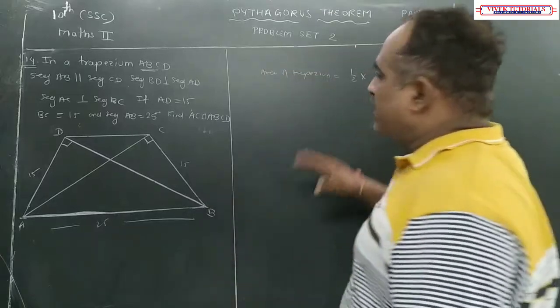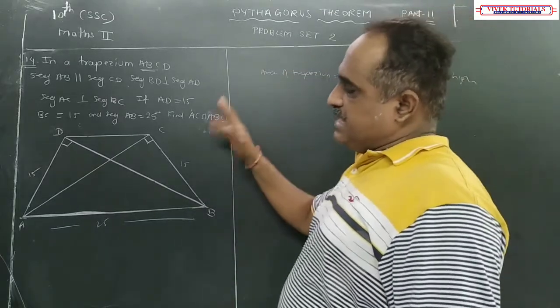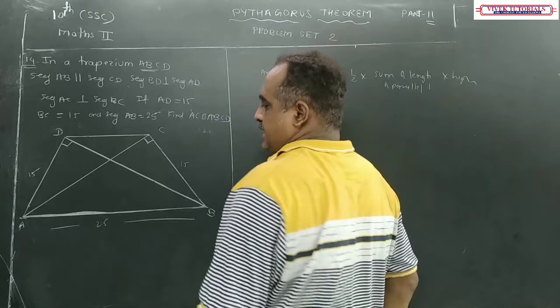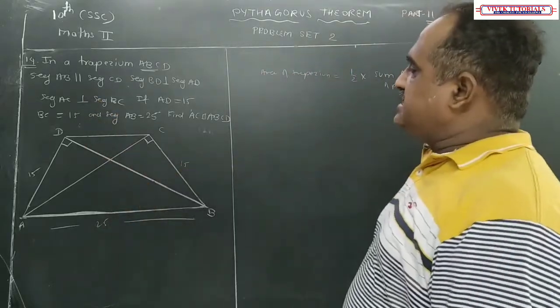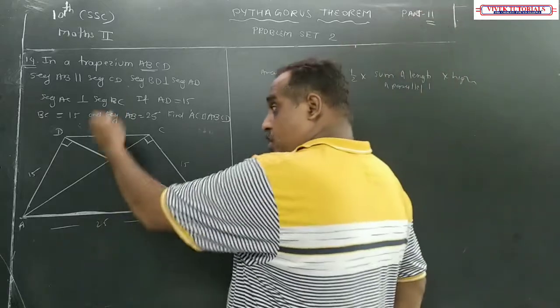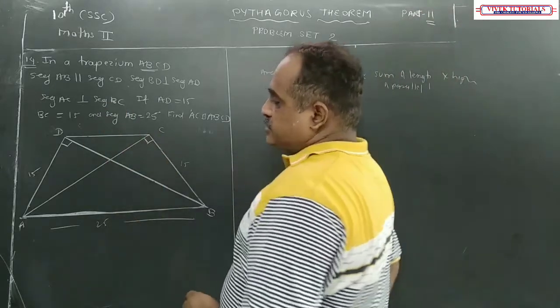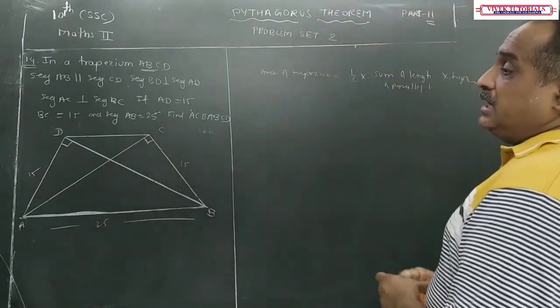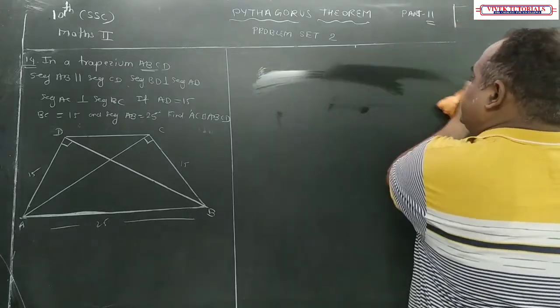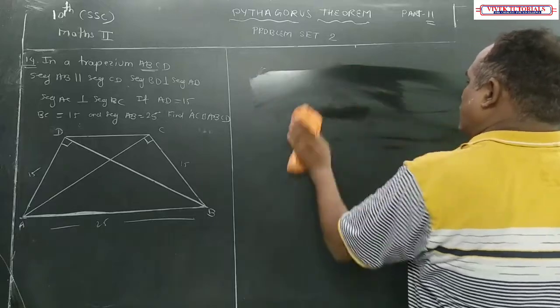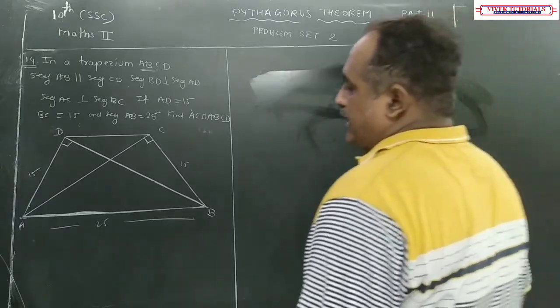So to find the area of trapezium, that is half into sum of the parallel sides, AB plus DC, we don't know DC, as well as into height. Height is not at all given. So we have to find the area of that trapezium. Okay, so we'll go for it now.